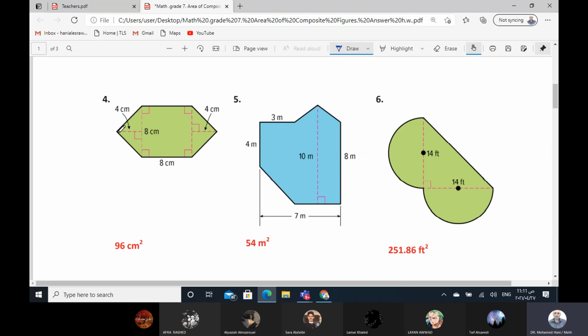And as you see here we have a triangle, here we have the congruent triangle, and here we have a rectangle. So this is here 1, 2, 3. And A1 equals A3 because we have congruent triangles, and the formula will be 1 over 2 times base times height.